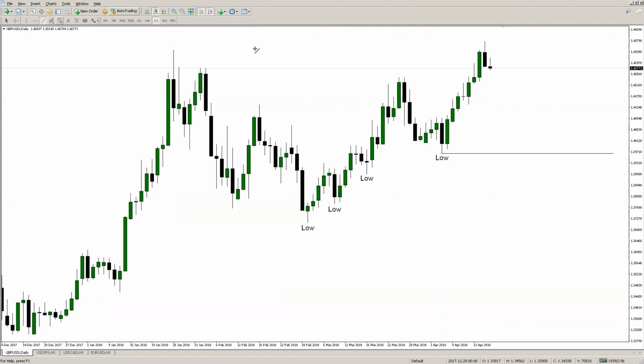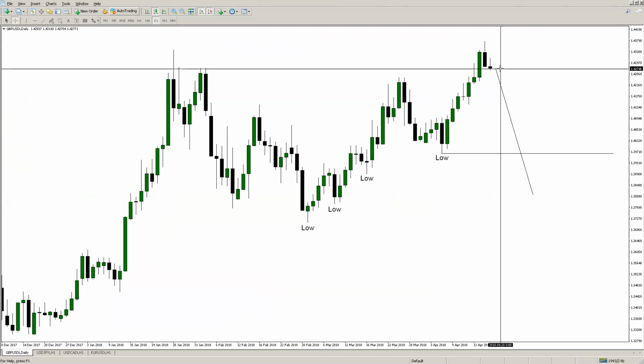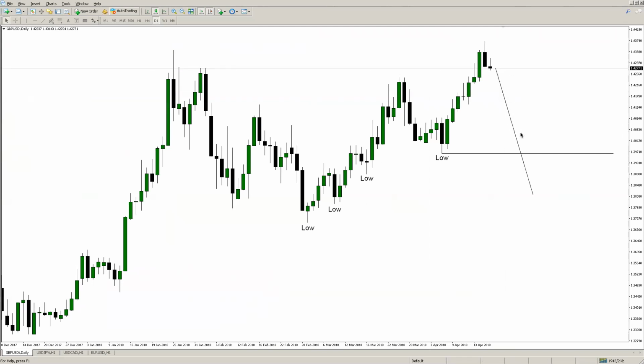If we do break this, obviously it's not going to break it today. I mean, the market is not going to just retrace 300 pips. It's highly unlikely that would happen. So if we do break this low, then I would consider that a bearish market, be looking for a retest, and then short it.